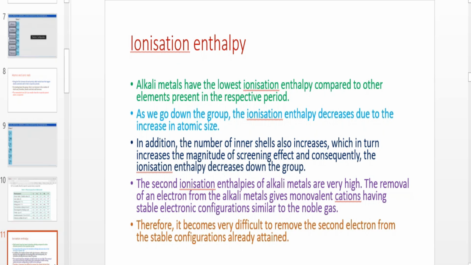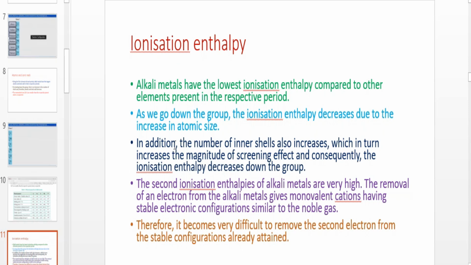Alkali metals generally require the lowest ionization enthalpy. That means if you give a little amount of energy to these alkali metals, we can easily remove the electron. So the alkali metals have the lowest ionization enthalpy.